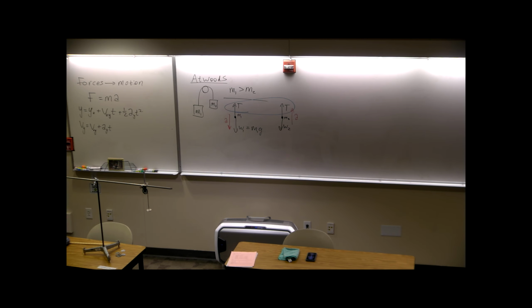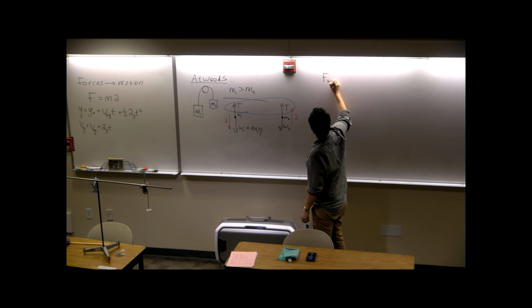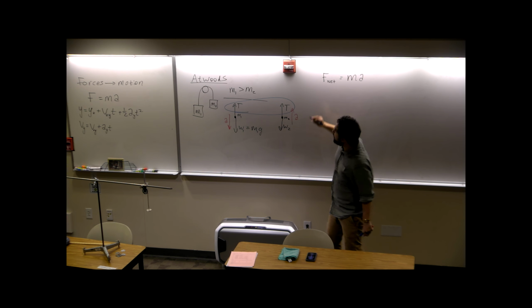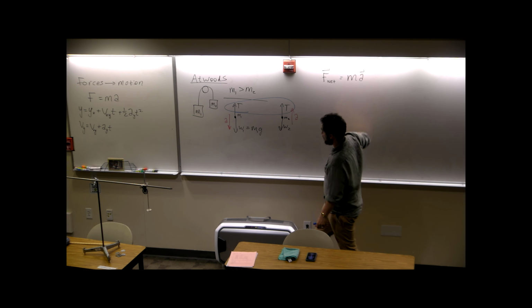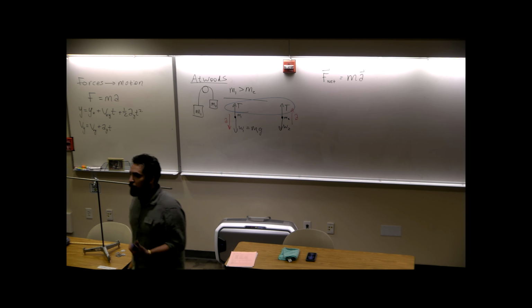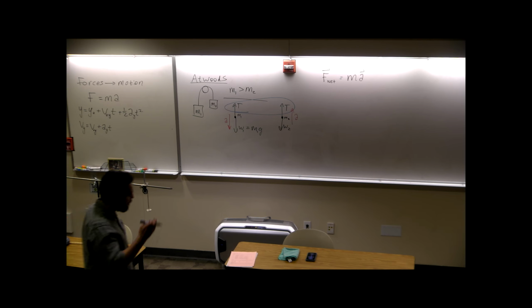So now at this point we start to implement Newton's laws. What does Newton's law say? Well, Newton's laws say that the net force acting on an object is given by mass times acceleration. Yes, and this is a vector equation. What does this mean? This means it's true in the vertical, it's true in the horizontal. Well, there's no horizontal motion to worry about, so we're only talking about the vertical here.